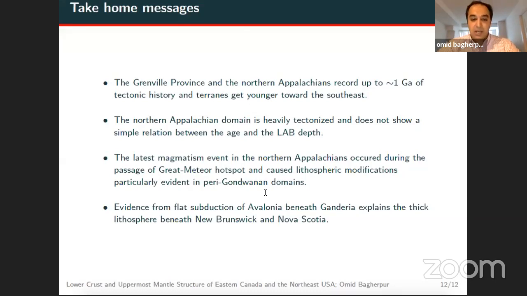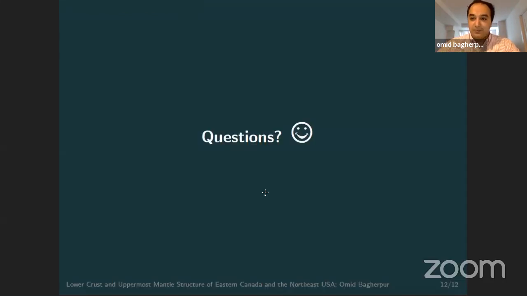As an example, you saw the New Brunswick area, and the latest magmatism that I discussed previously is related to the passage of the Great Meteor Hotspot that modified the lithosphere, particularly evident in the Peri-Gondwana domain. And the evidence from flat subduction of Avalonia beneath Ganderia explains the thick lithosphere beneath New Brunswick and Nova Scotia. Thank you.